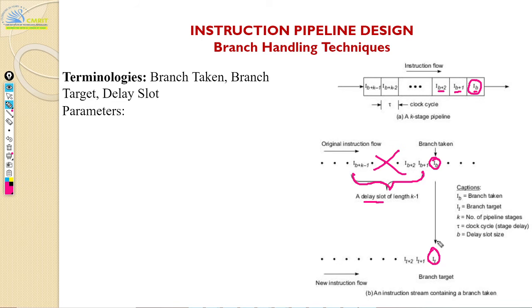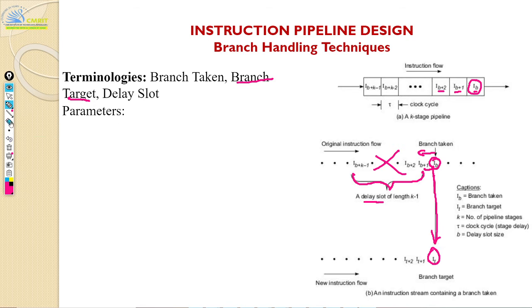A branch is taken when your PC is not equal to PC plus 4, but rather a branch target. If PC equals PC plus 4, then you will fetch IB plus 1, and that is what you will execute next. It is branching when this does not happen. A branch is taken when your PC is loaded with a new branch target address.